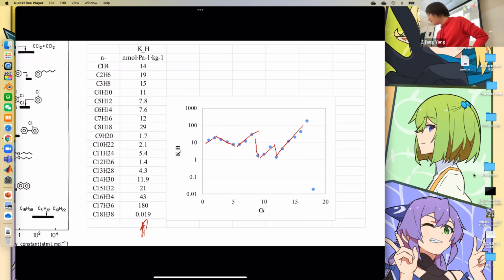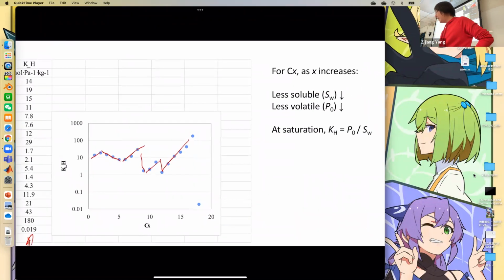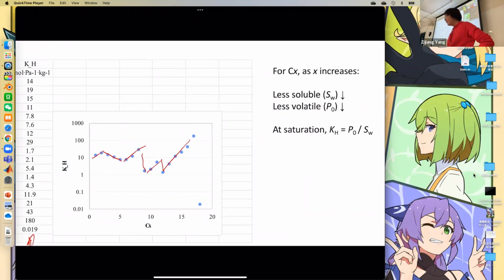And why does this happen? My explanation is that for CX, where X refers to the number of carbons, as the number of carbons increases, or in general the molecule becomes larger, it will be less soluble. So the solubility will decrease. And as the molecule becomes larger, it will be less volatile, so the vapor pressure will also decrease.